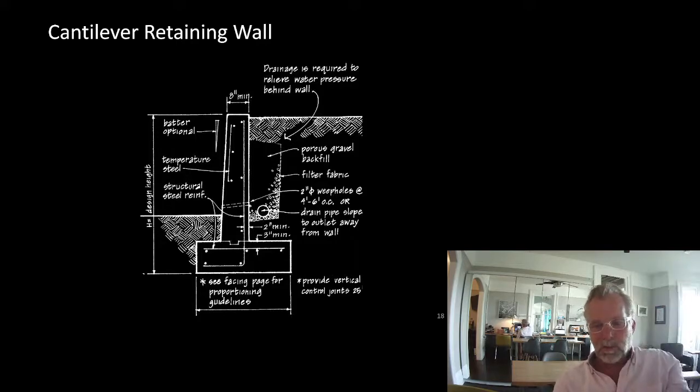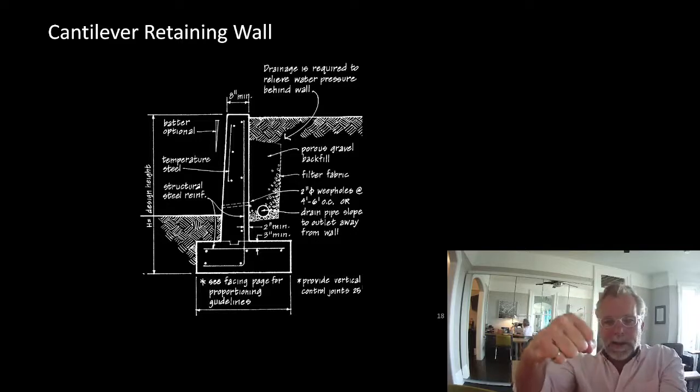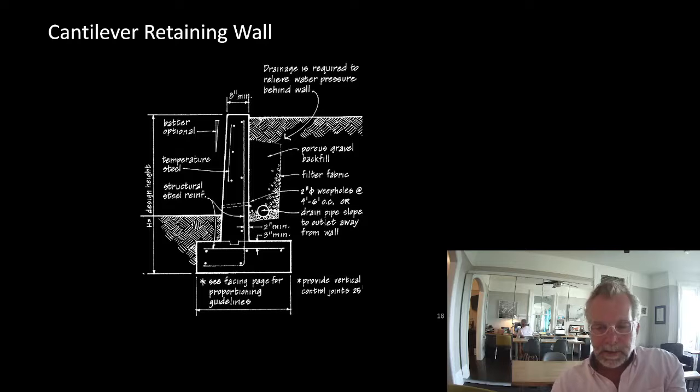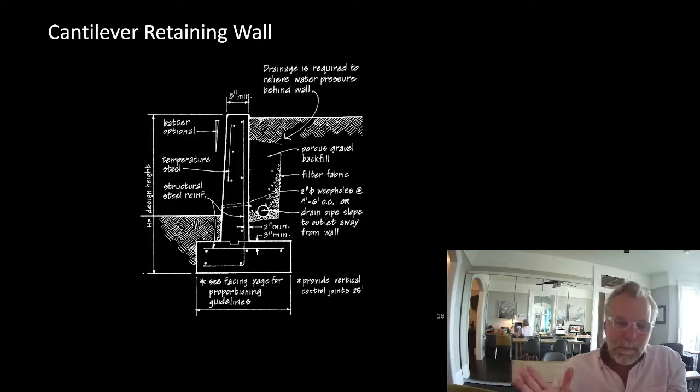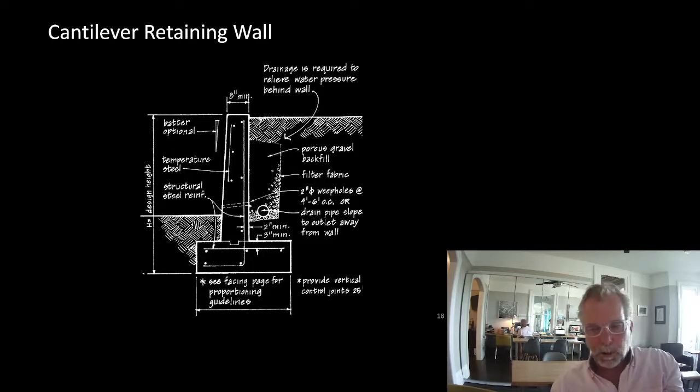Now take that shovel and stick it in the dirt and try to drag it through the dirt. That's passive earth pressure. If you are trying to move the dirt, the force is very big. If the dirt is trying to move you, the force is quite small. So passive earth pressure on the low side assists in resisting sliding of a retaining wall.